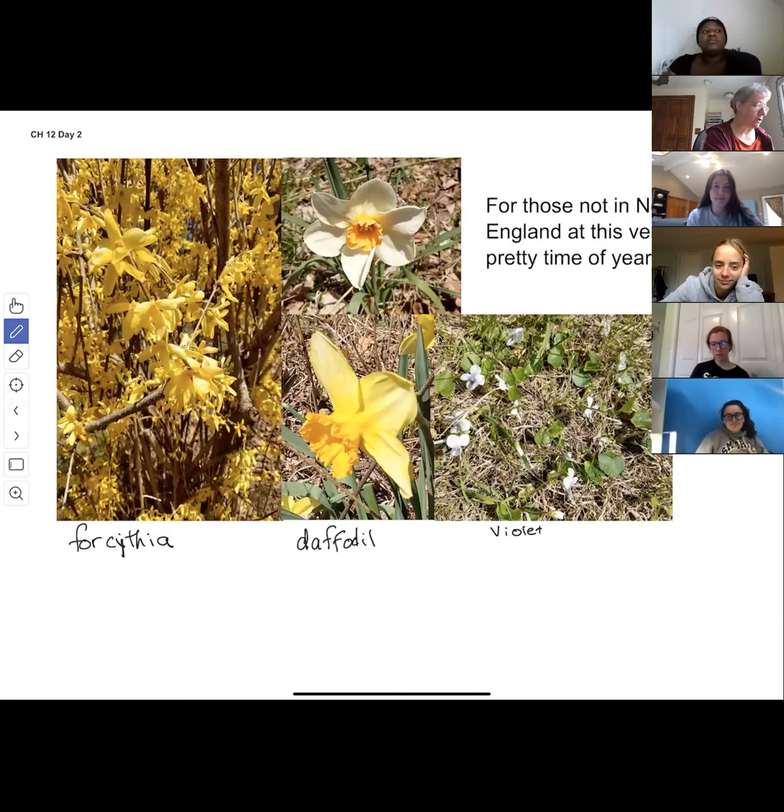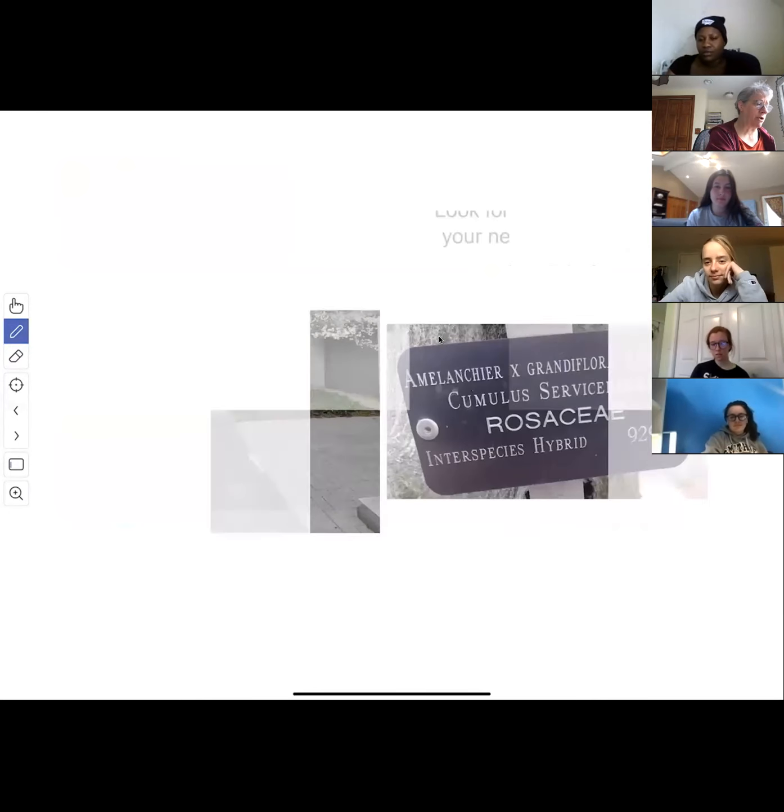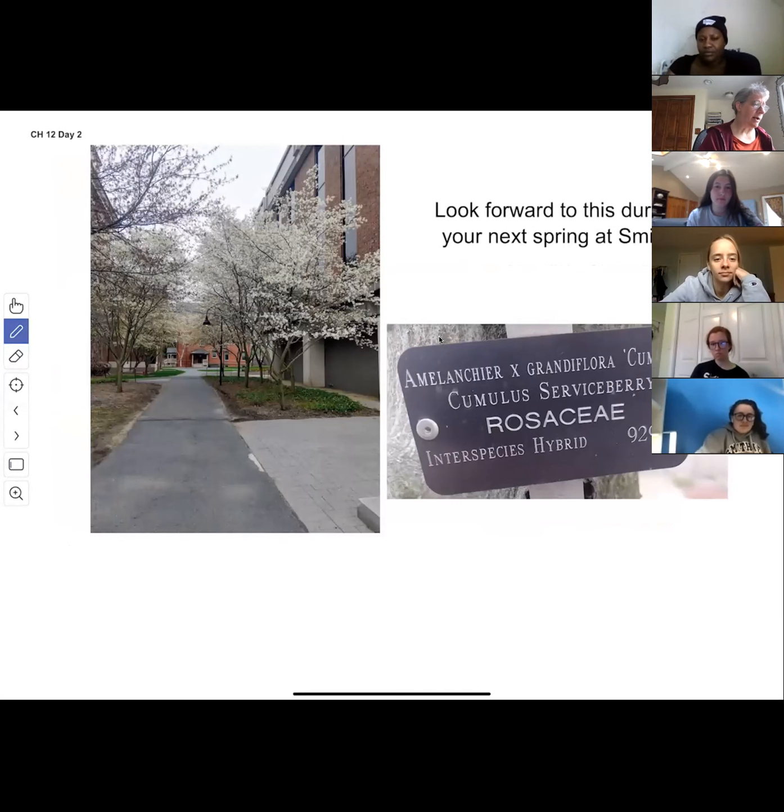The other day I was over on campus, and if you've been here in the spring before, you may have seen this, but I took a picture here. This is McConnell, and this is Bass over here. This is as if you were leaving Burton from your math class and walking over to Ford Hall for your engineering class, if that's your major. It's that walkway in between McConnell and Bass, and it was just lit up with these beautiful trees.